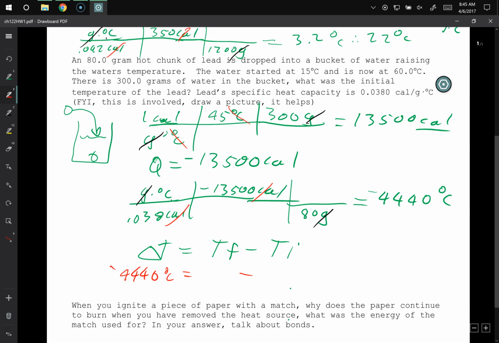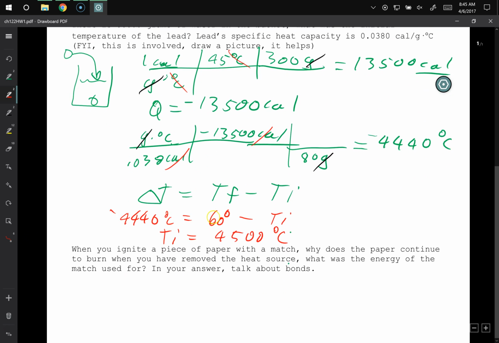I know my final temperature is 60 degrees, and what I don't know is my initial temperature. Okay, so I flip-flop those guys. I get initial temperature over here, and I'm just going to add this to it, and it's going to be 4,500 degrees C. And it looks like 2 sig figs is what I got. So there's my answer. My initial temperature was 4,500 degrees C.